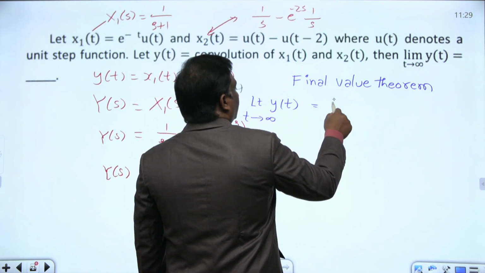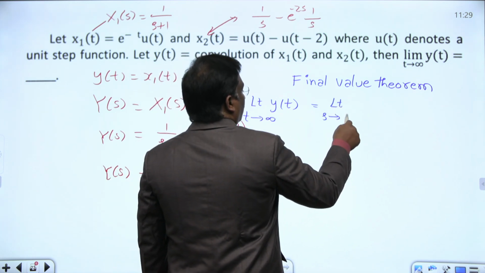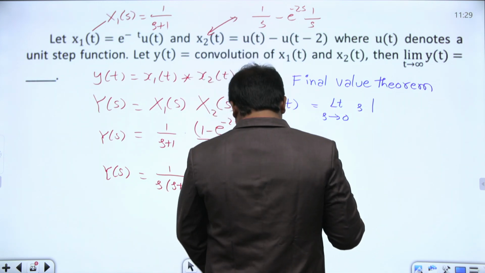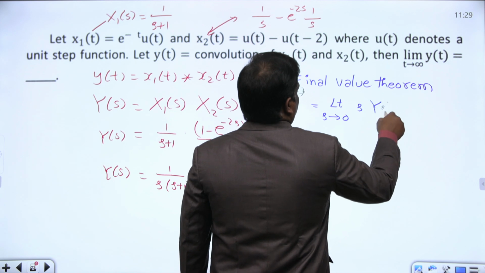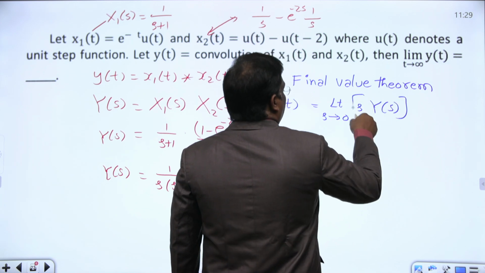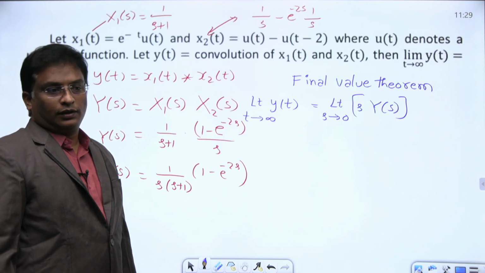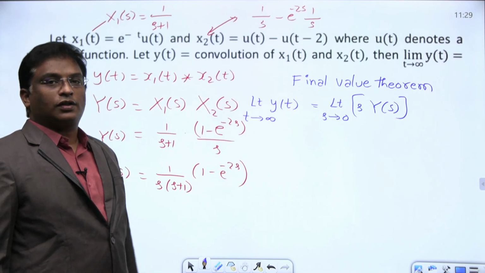How to find this value? It is the limit s tending towards 0 of s into F of s, or y of s here. That's all. And you can apply this theorem only provided all the poles lie on the left half of the s-plane, that is, for stable systems only.